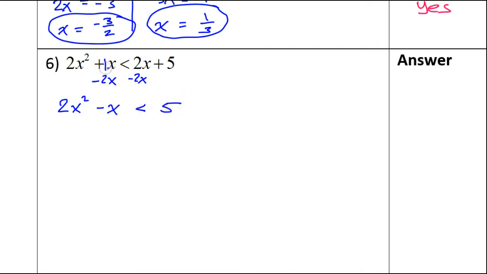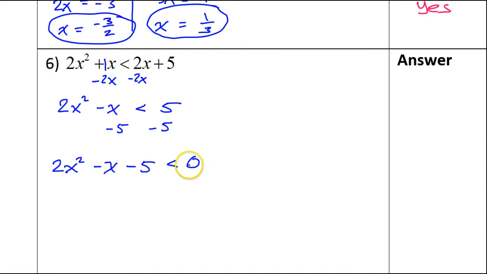This is like 1x minus 2x is negative 1x, so there you go. I still don't have 0, so I'm going to subtract 5 from both sides. So that will give me 2x squared minus x minus 5 is less than 0.